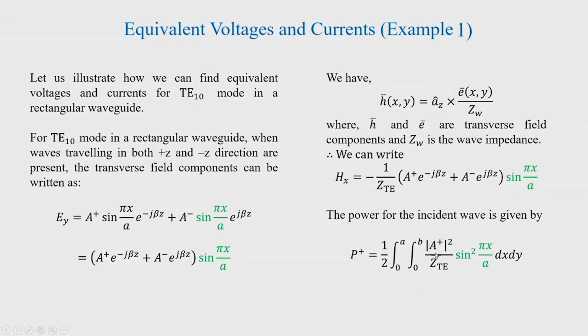If you integrate this, A plus magnitude square by Zte sin square pi x by a, that means over the cross section of the waveguide, then this will give us the power in the incident wave, and once you evaluate this integral, we get P plus equal to AB divided by 4 Zte, A plus magnitude square.